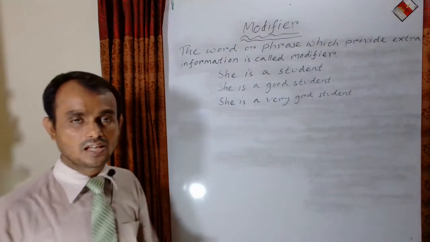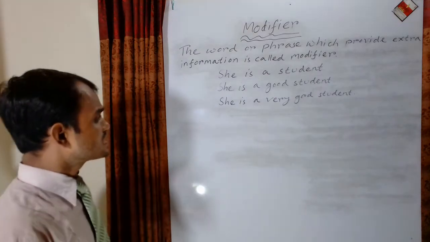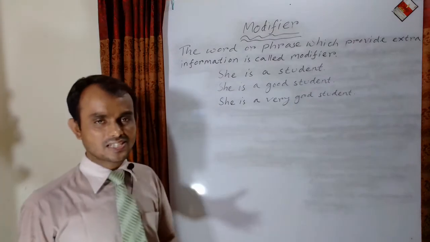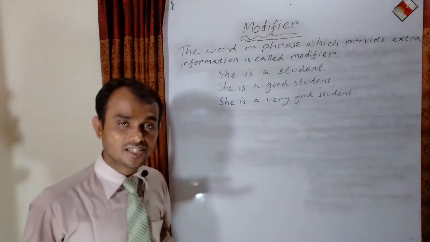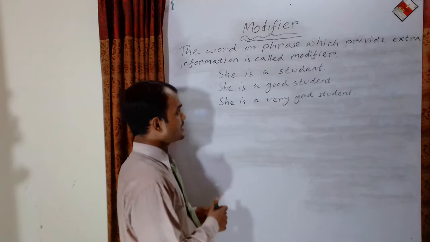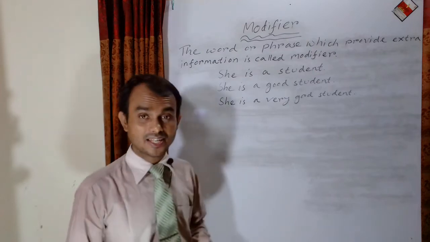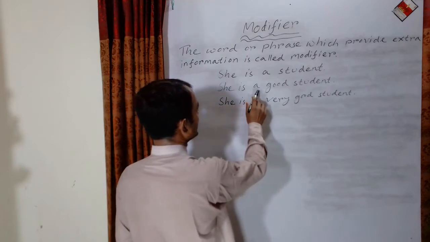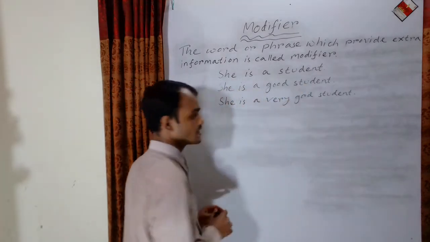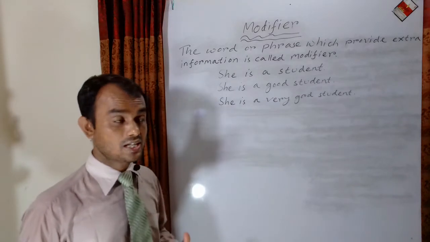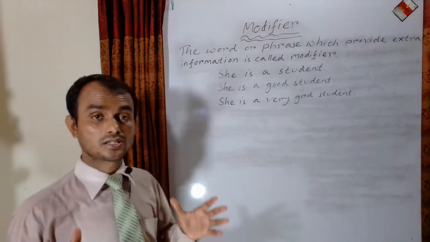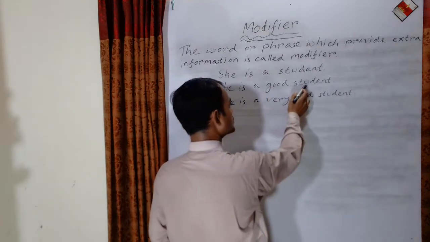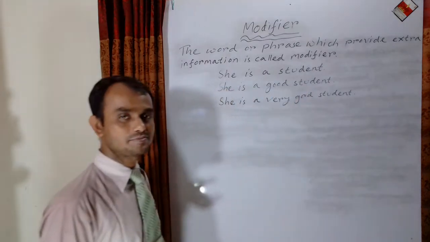Dear students, look at the example. She is a student. This is a general sentence. If I write this sentence again, adding something like she is a good student, I have used another word called good, and this is the extra information to the noun student.